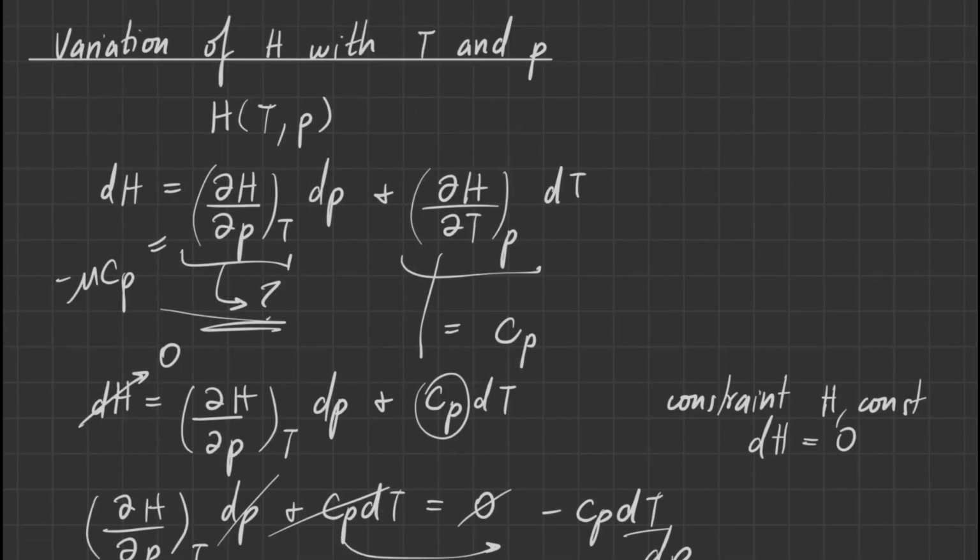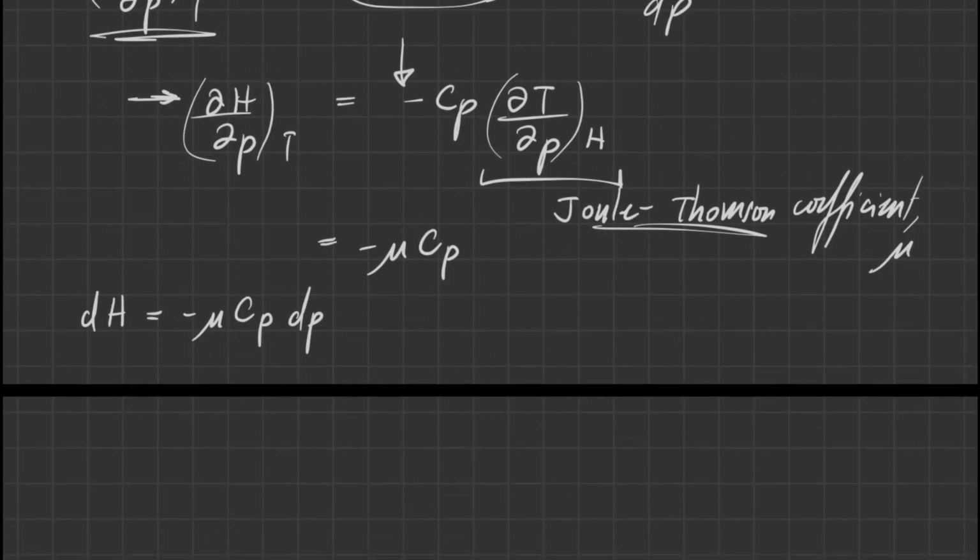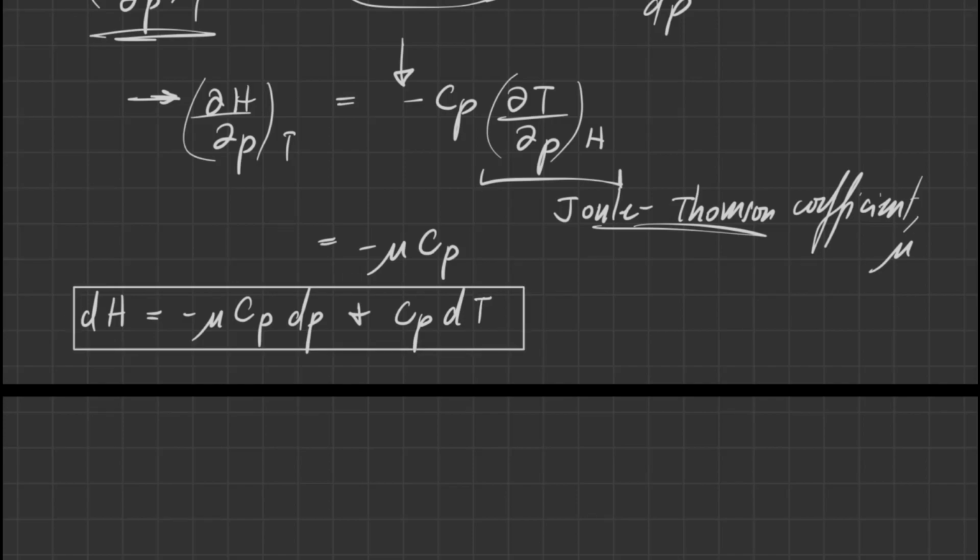Notice that these don't go away. Plus Cp dT. And this expression basically shows the dependence of enthalpy on the variables of pressure and temperature.